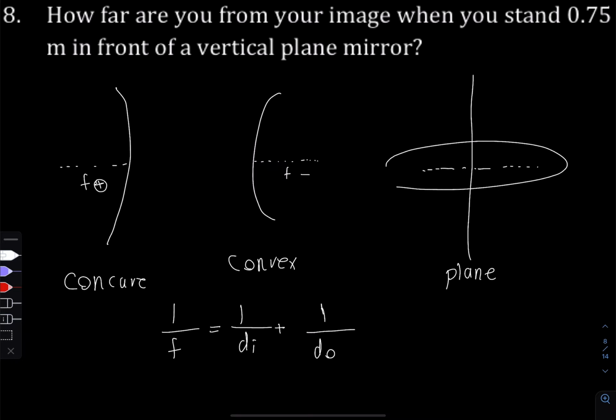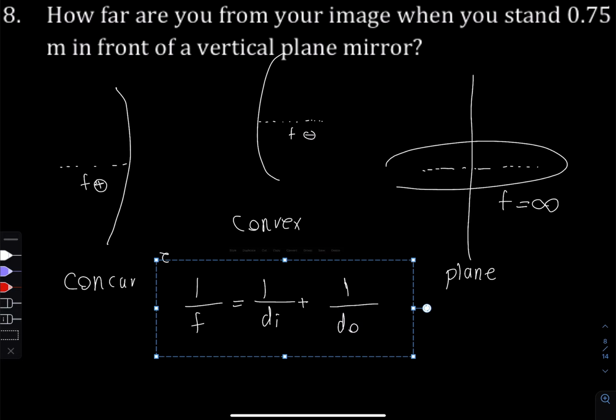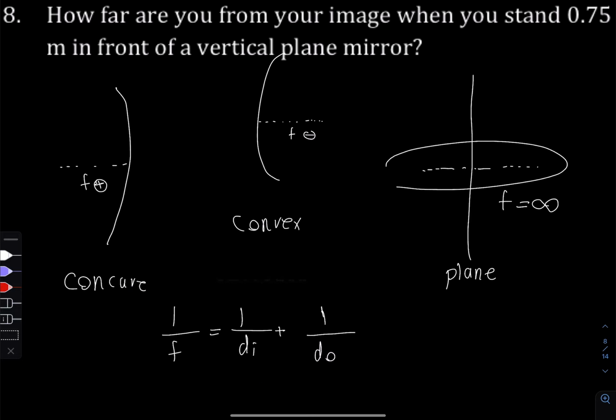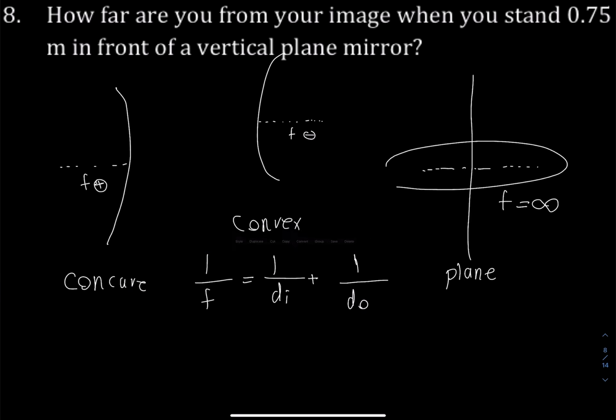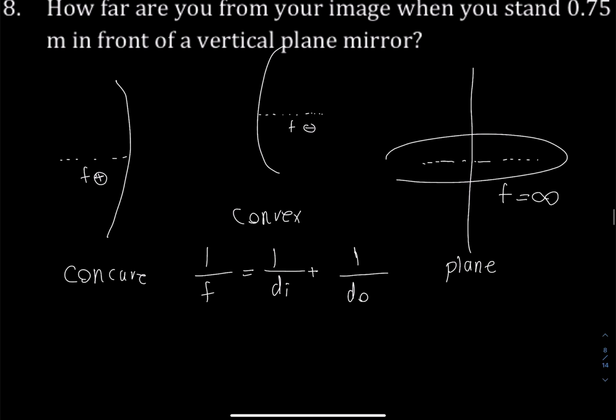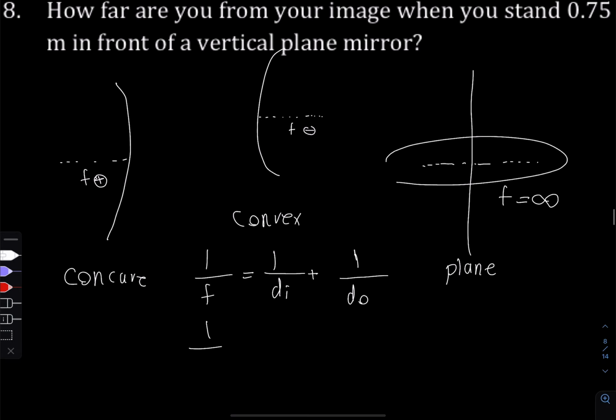This had something negative, but the focal length here is equal to infinity. And so this 1 over f, when we have vertical plane mirrors, is going to be 1 over infinity.